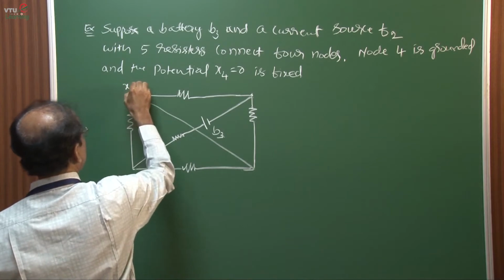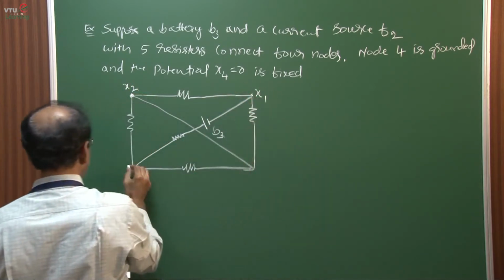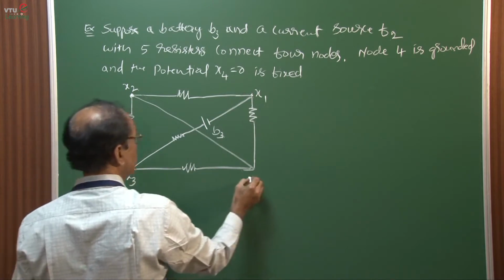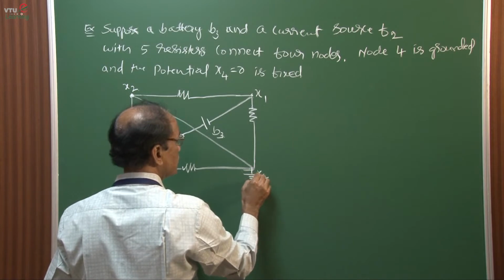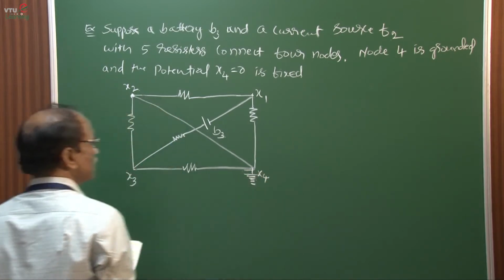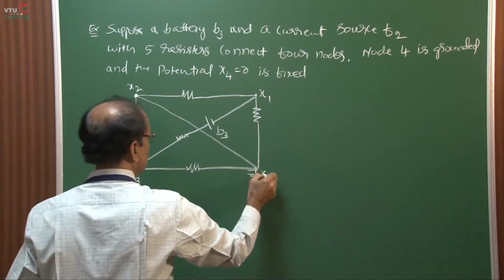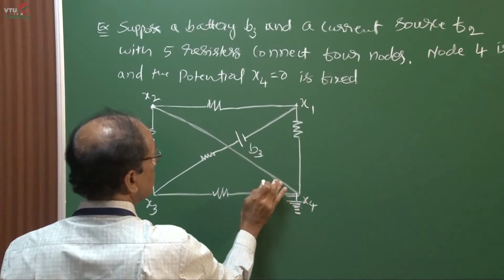This I am going to represent as X2 according to the data. Then this is X1 and this is X3, and X4 is grounded. The grounded symbol is this, which we use in the electric circuit. This point is grounded, and the current flow from this is called F2.